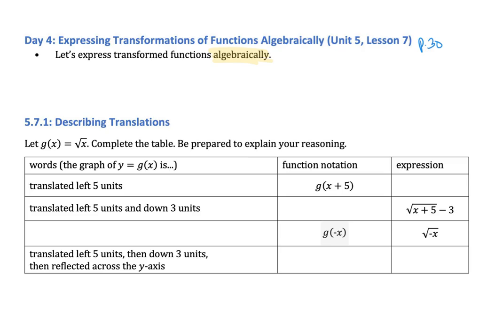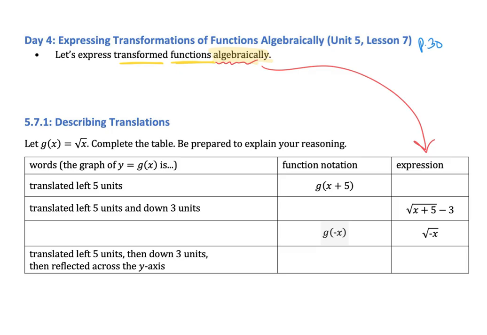So hopefully you're saying to yourself, we've already been talking about transformations. I know how to do that. I know how to show you what transformations are using function notation. We've been doing that the whole time. So really this algebraically might be what is new. That is going to be referring to this expression. So when we say that we want you to show it algebraically, we're referring to this part of the table below, the expression.